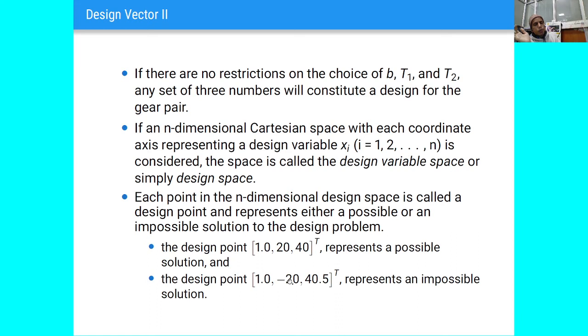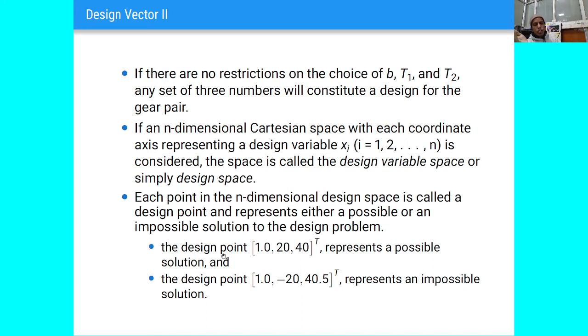T1 equal to minus 40: we can easily understand that the number of teeth on any gear cannot be negative. Okay, it is very clear. In mathematics, we can have positive or negative numbers both, but in real life, the number of teeth cannot be negative or zero. It cannot be zero.